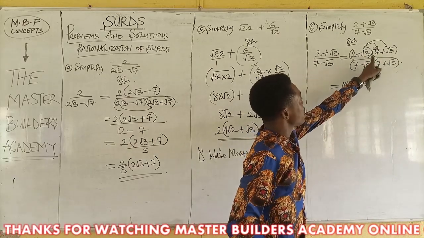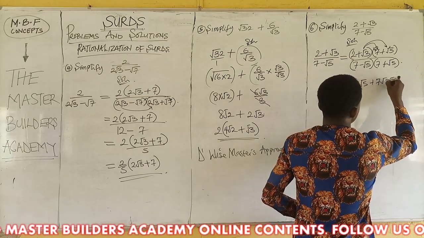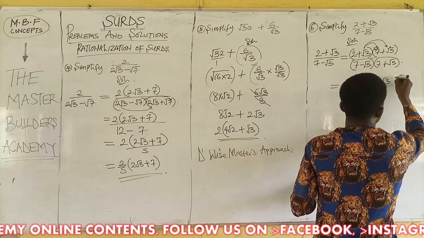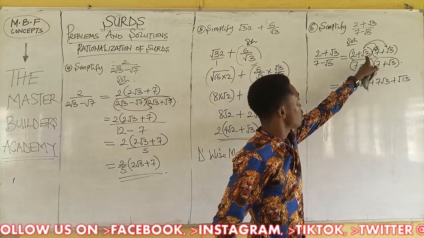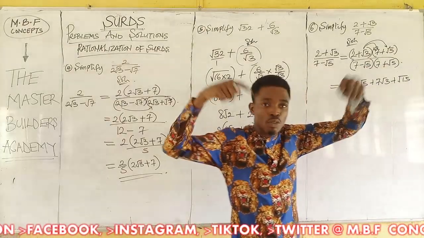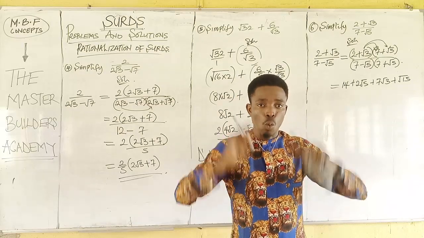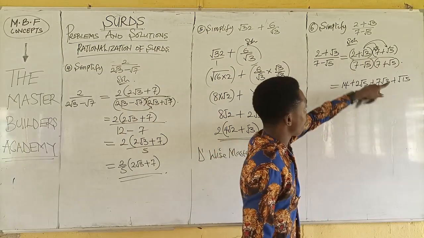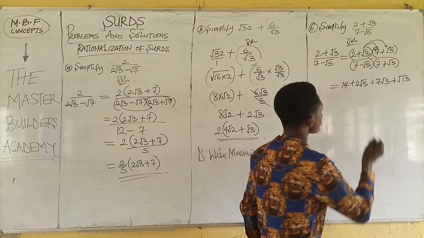So root 3 times 7, we are going to have plus 7 root 3. And root 3 times root 5, we are going to have plus root 15. In as much as both root 3 and root 5 are inside square root, you can multiply the figures and put them inside one square root. Hope that is taken.